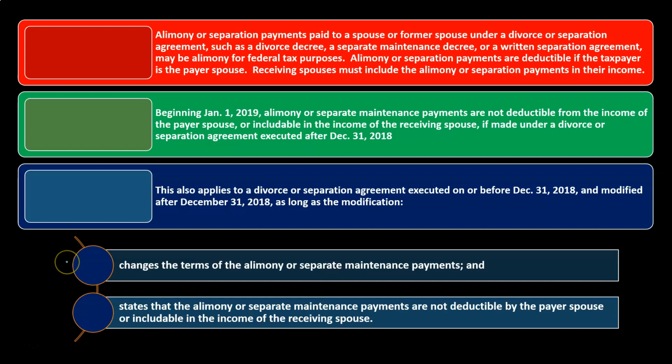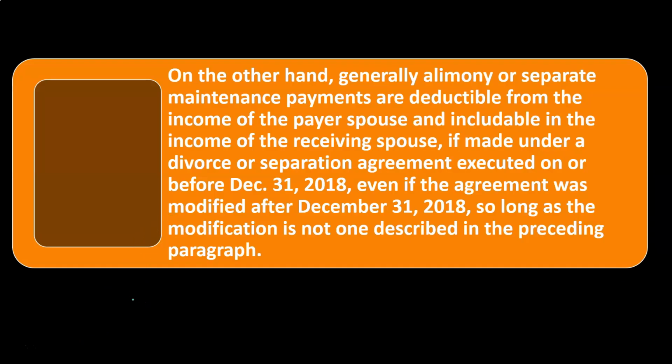So if the divorce happened before the cutoff date, but you went back and modified the payments, it might fall under the new laws, where the alimony would not be deductible by the payer or included as income by the recipient.